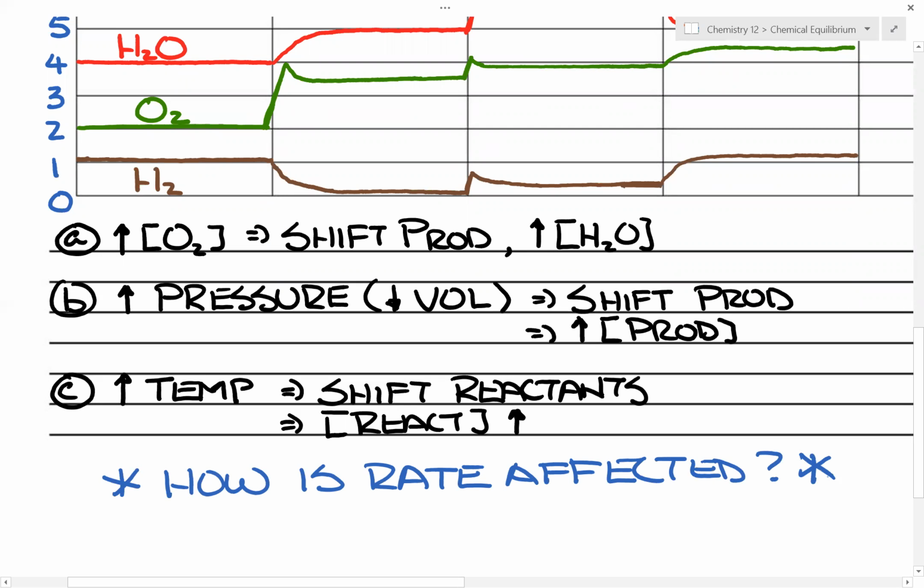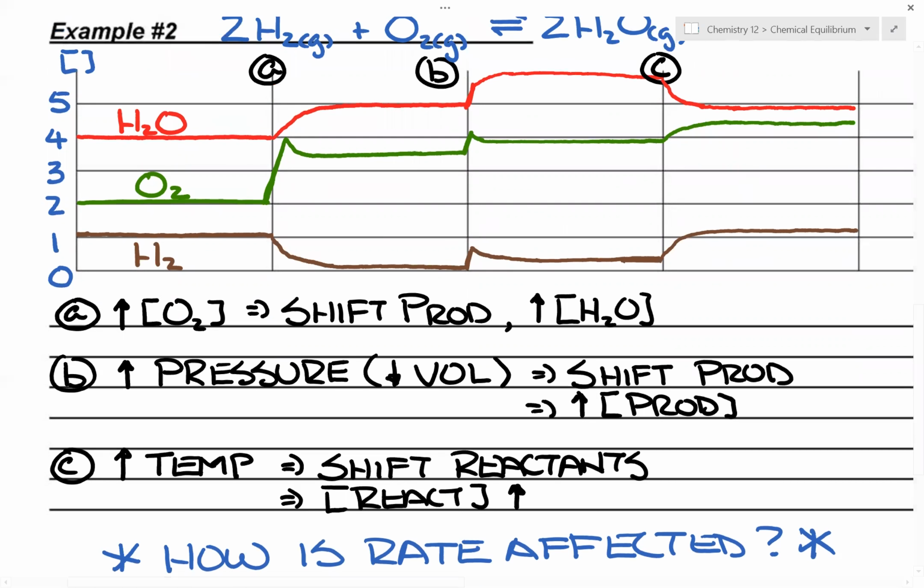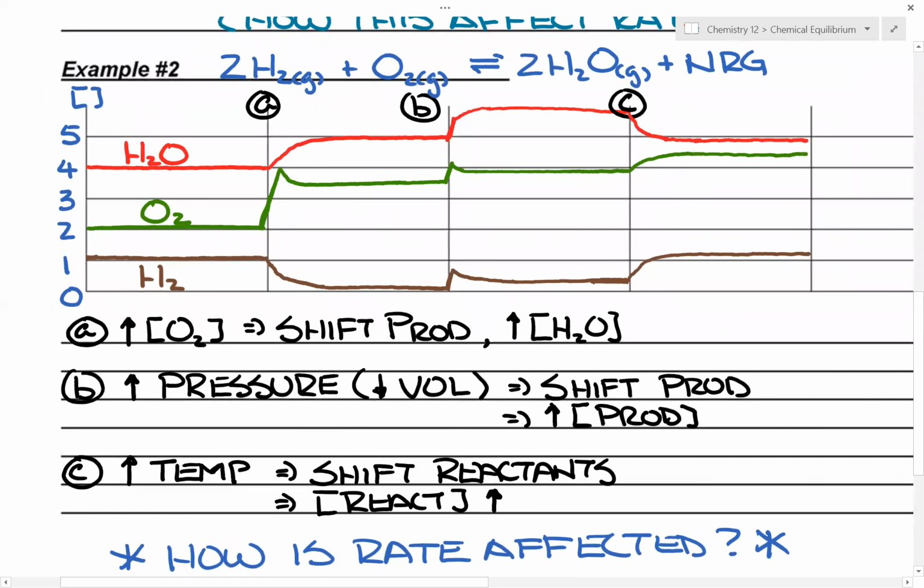So you should always be thinking about what's happening to the rate. For C, when I increase the temperature, yes, there's a shift to the reactants, okay? But you should be aware that both the forward and the reverse rate increase. It's just that the reverse rate increases more.